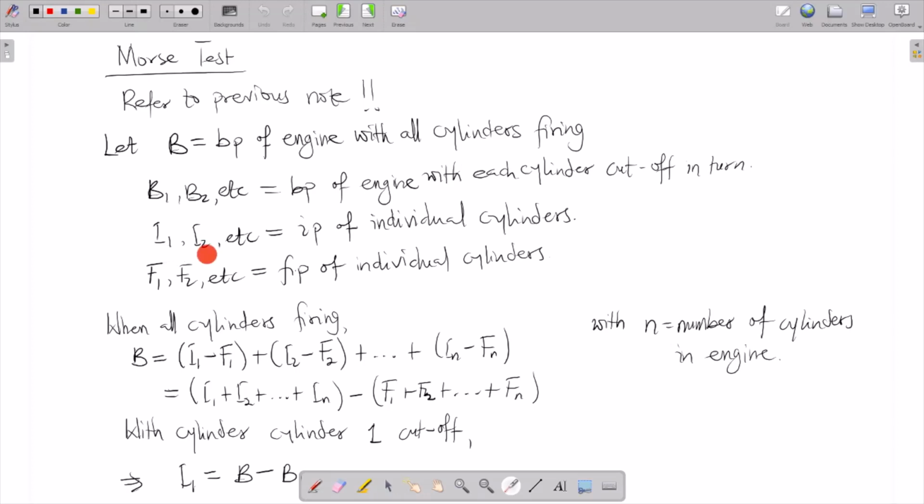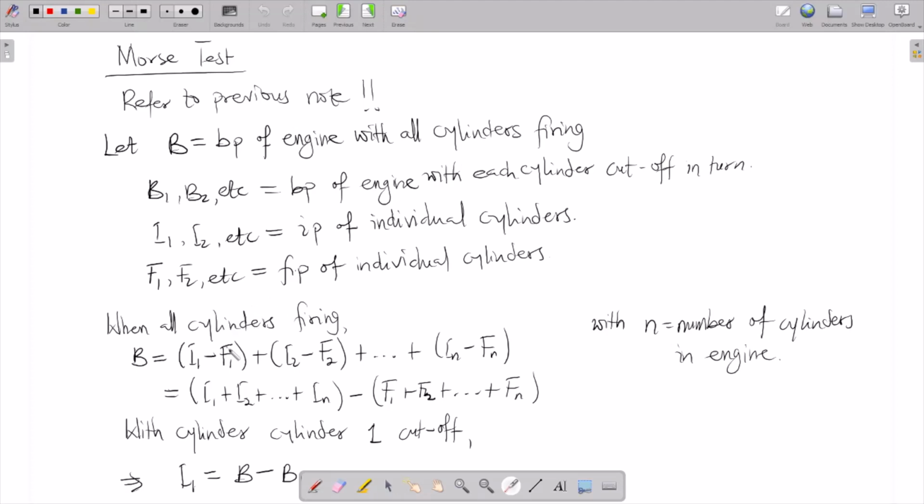I1, I2, I3, etc. will be equal to the indicated power of individual cylinders. So I1 is the indicated power of cylinder number 1 being cut off. Now F1, F2, F3, etc. is the friction power of the individual cylinders.